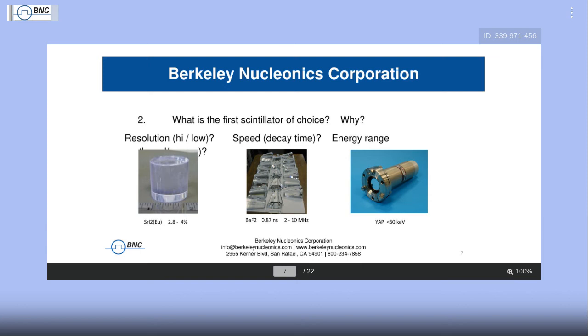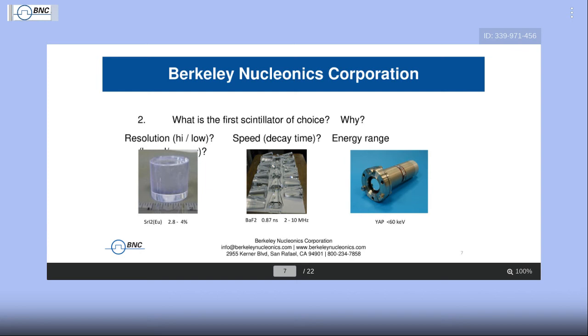What sort of energy range are you looking at? Are you looking at X-rays? Are you looking way up into the MeV range for neutrons, or just the average gamma range, say 30 keV to 3 MeV? There are materials that are better suited for certain ranges than others.